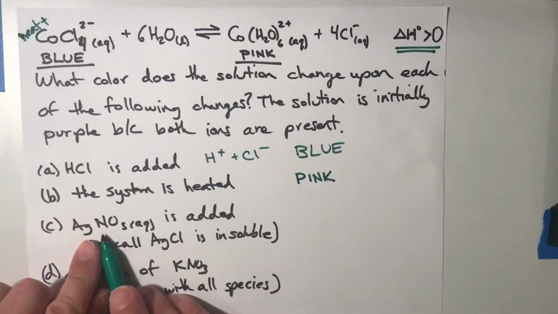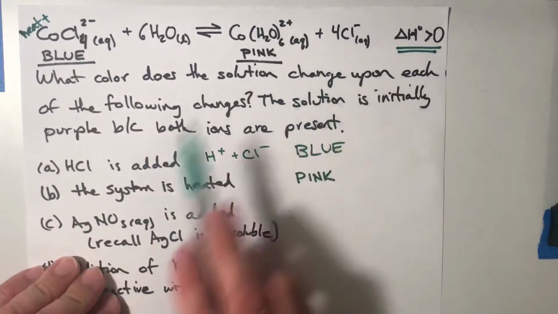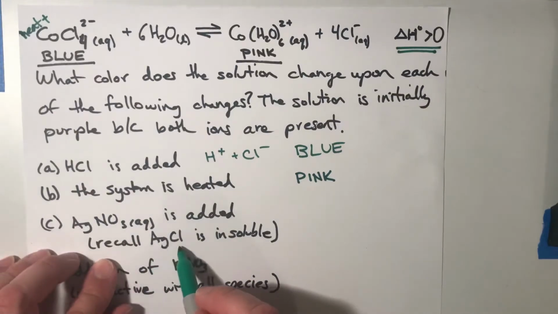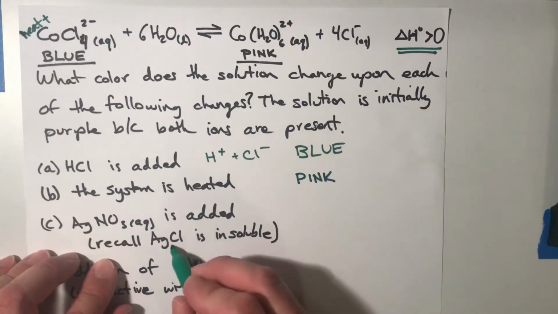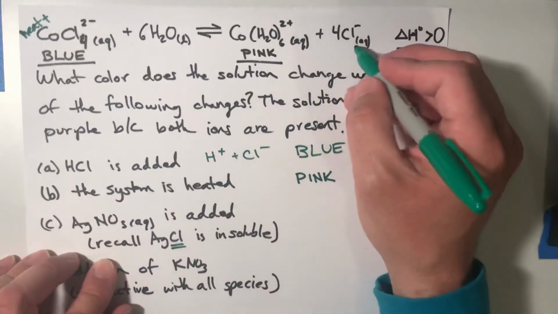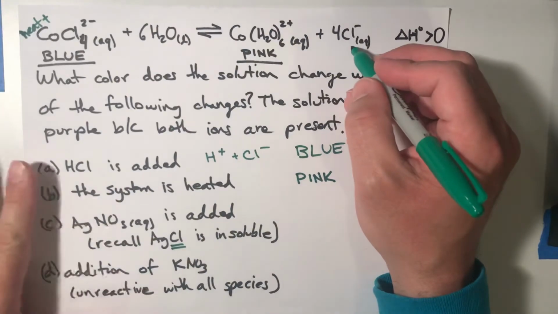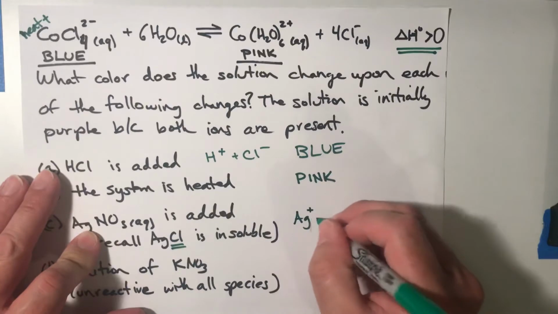What happens if we add silver nitrate? Now this one's tricky because silver nitrate's nowhere in here. However, we're reminded that silver chloride is insoluble. What that hint is trying to get at is that chloride does in fact appear in our equilibrium. So if we were to add silver nitrate, this reaction would happen.